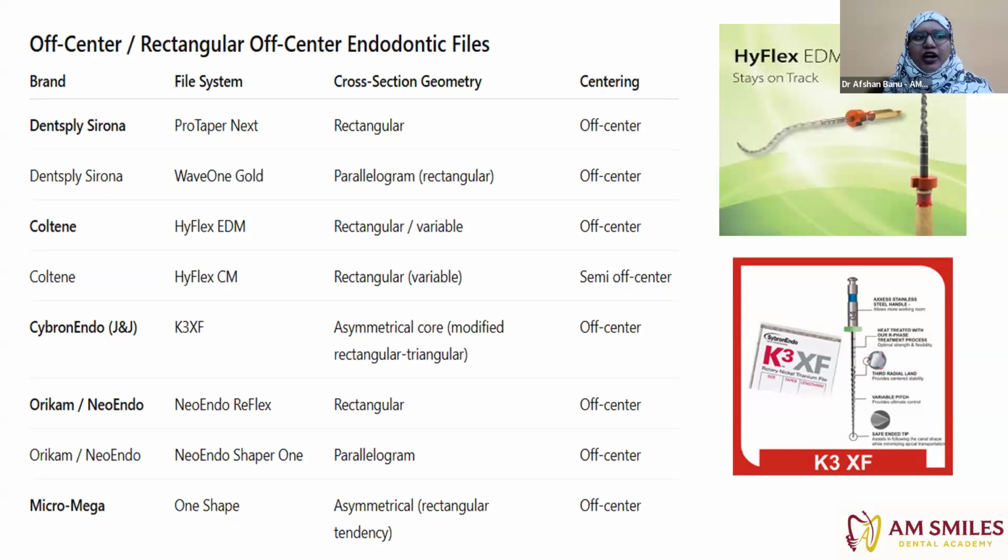So whenever you have an off-center triangular cross section, it is also true that it is not going to prepare the canals much. Not much preparation will be done, so no debris will be produced, no pushing of the debris, and there also will be spaces.